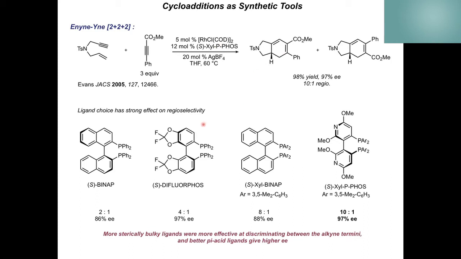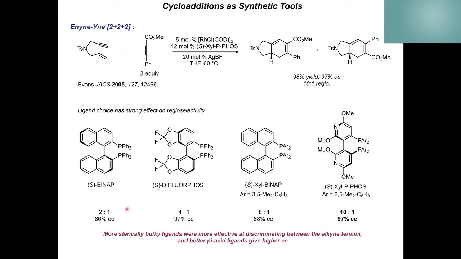But really one of the interesting things that came out of this study, I thought, was the impact of the chiral ligand here. So this was an advancement also because of the enantioselectivity obtained, but the ability of them to utilize these chiral bidentate phosphines as a way to not only see an impact on the regioselectivity between the insertion of this alkyne component, but also on the enantioselectivity.